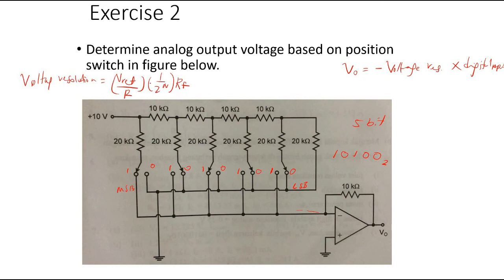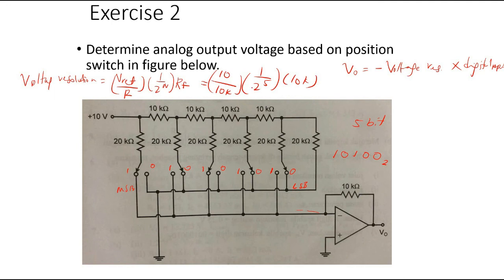Okay, multiply with RF. So V reference kita 10, R kita berapa? 10K. 1 divided by 2 power of 5. RF itu berapa? 10K. Okay.